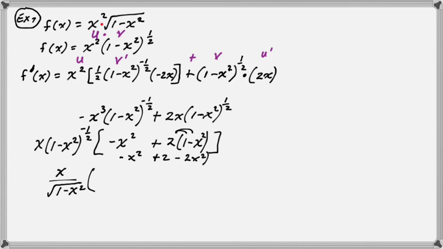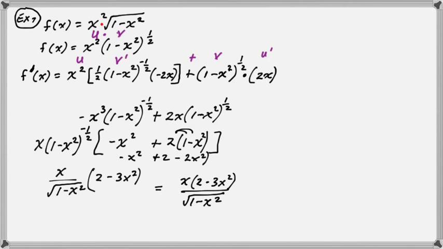Does that look right? So does that become 2 minus 3x squared? 2 minus 3x squared. So the derivative is going to be x times 2 minus 3x squared, all divided by the square root of 1 minus x squared. Now we got that by factoring least powers.